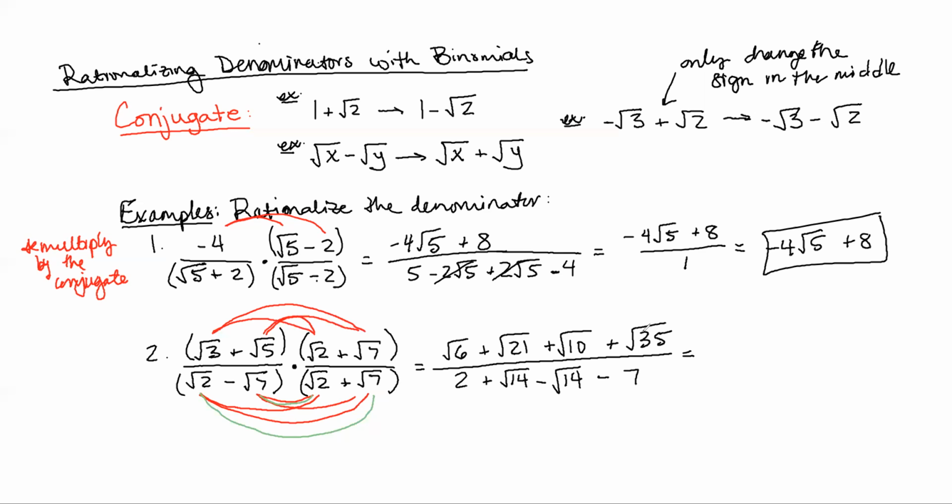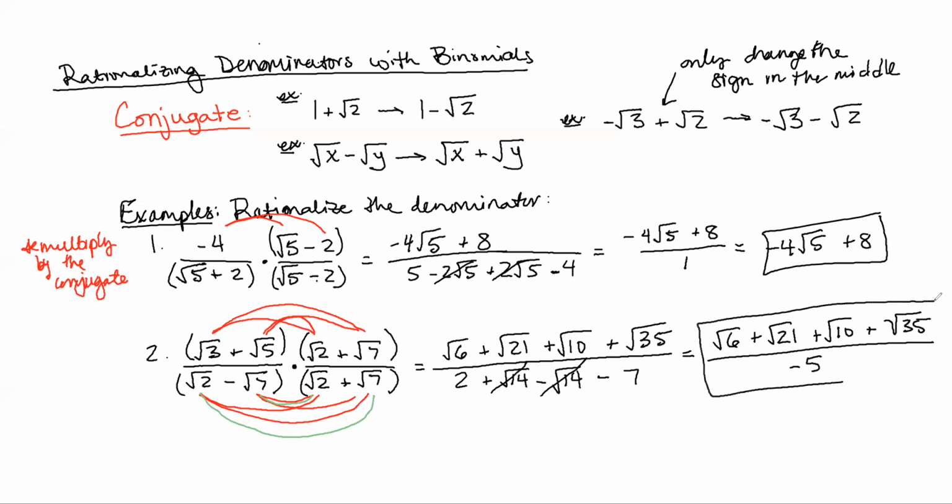And 35 is either 1 and 35 or 5 and 7. So I'm actually going to have to leave all of these square roots up on top. On the bottom, these guys cancel, and 2 minus 7 is negative 5. We're going to leave it just like this, since the top cannot be simplified.